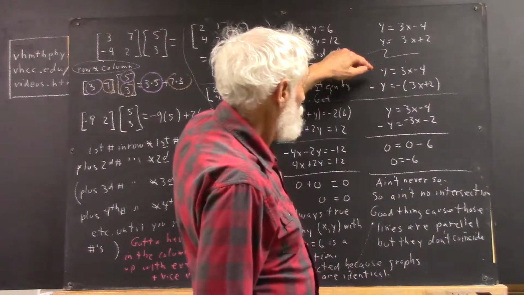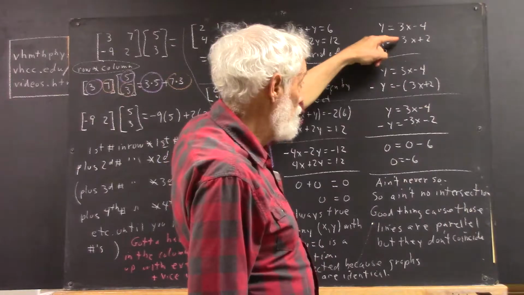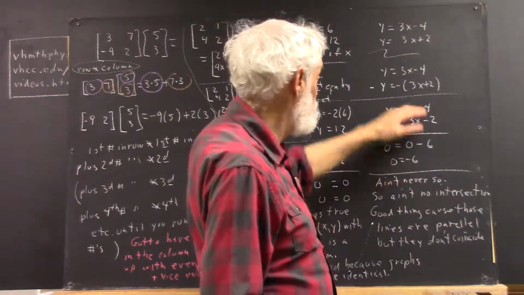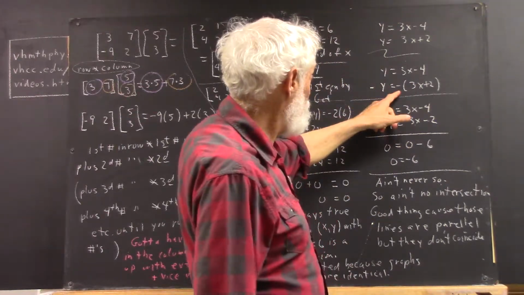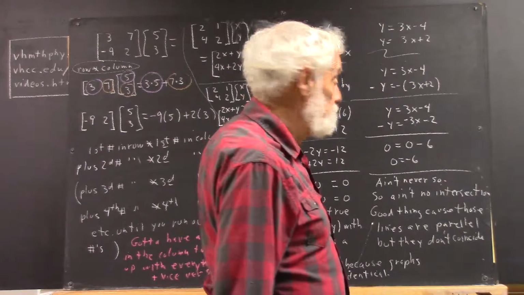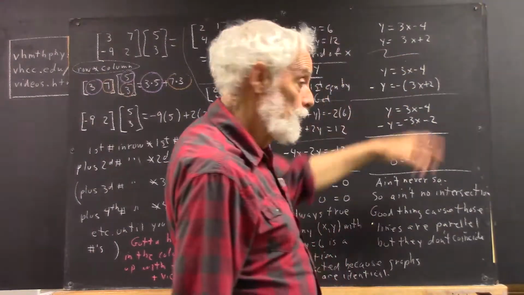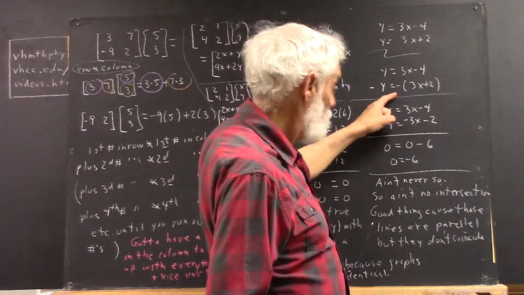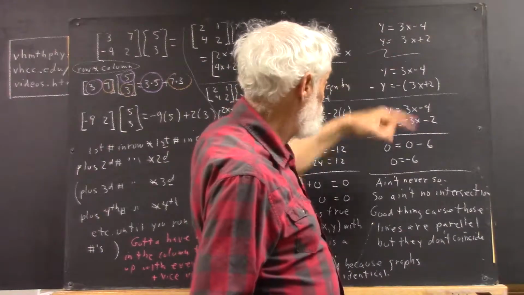Of course, I've got to do the same thing to the other side, or this equation would no longer be equivalent to this one. But if I multiply both sides by -1, I get an equation that is equivalent to this one. Solutions will be exactly the same.